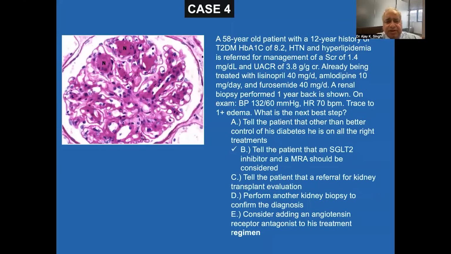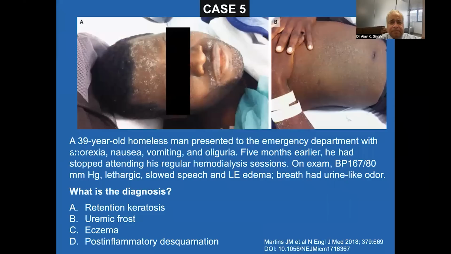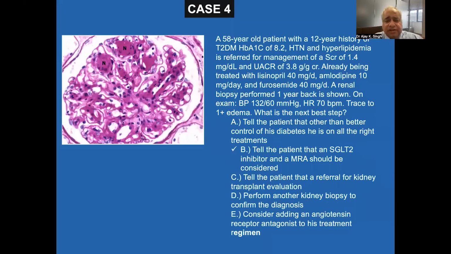And the correct answer is, tell the patient that an SGLT2 inhibitor and an MRA should be considered. And the reason for that is this patient has type 2 diabetes and has very poor control of the diabetes, but has quite a substantial amount of proteinuria.